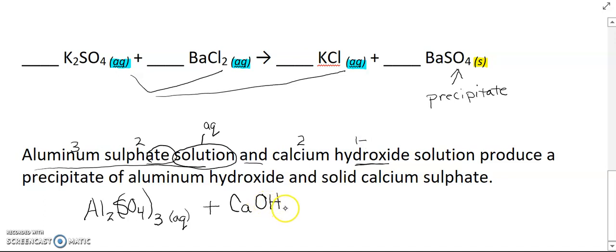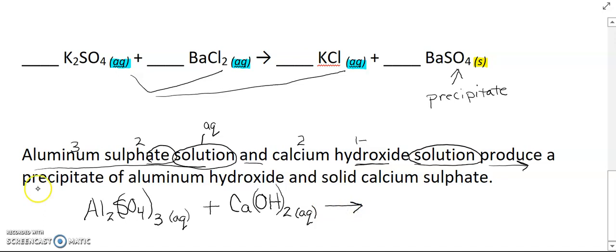So calcium's 2 goes to hydroxide, and since it is a polyatomic, polyatomics always go in parentheses when we write a subscript. This tells me that this is also a solution. That means that this is going to be dissolved. And it is going to produce, that becomes my arrow.